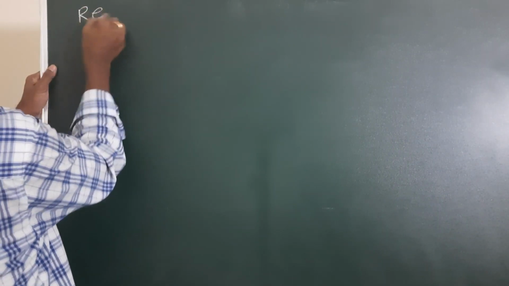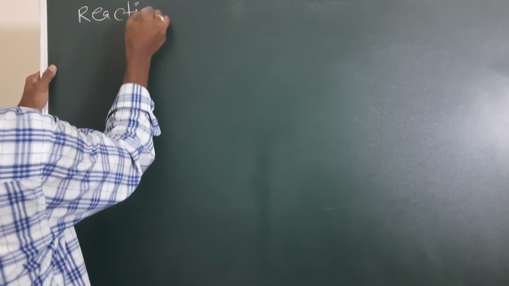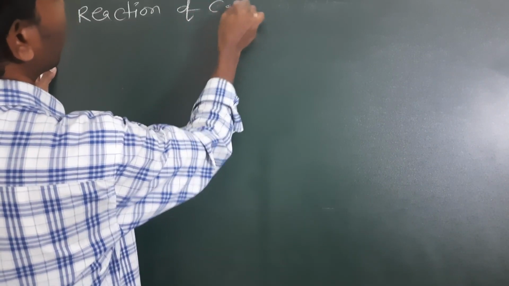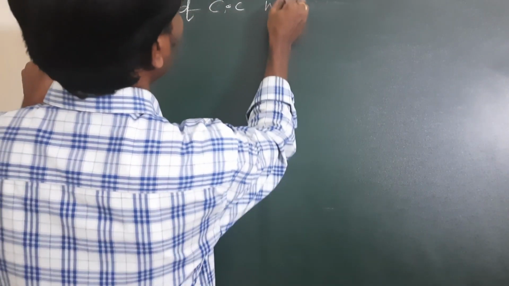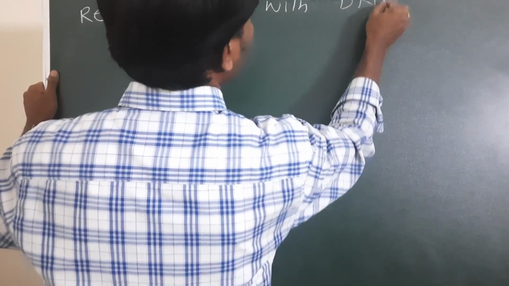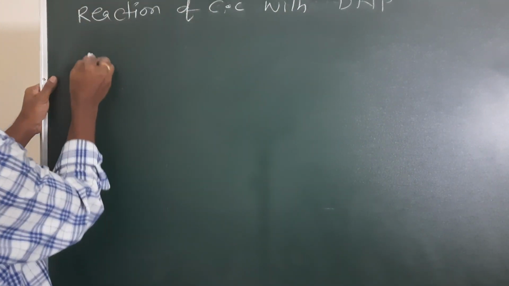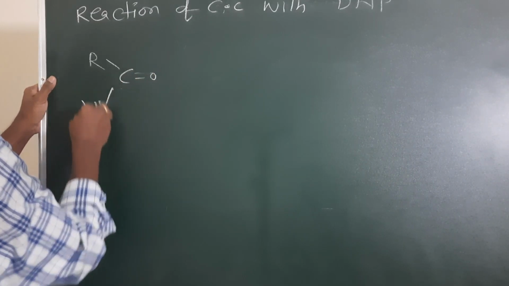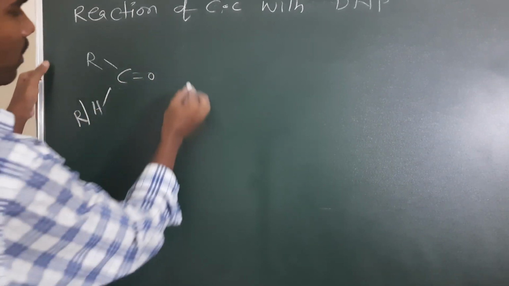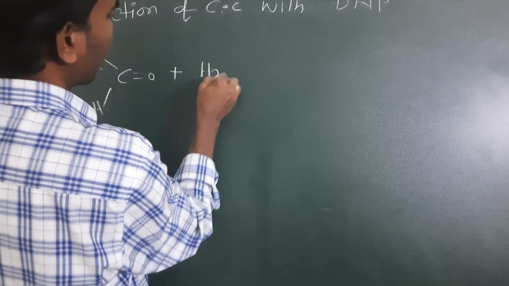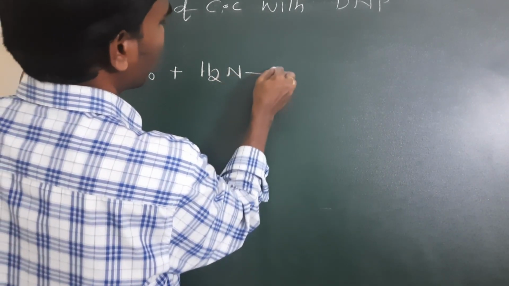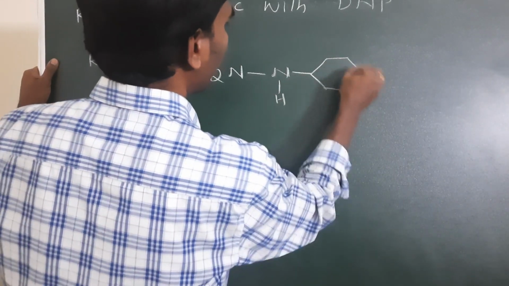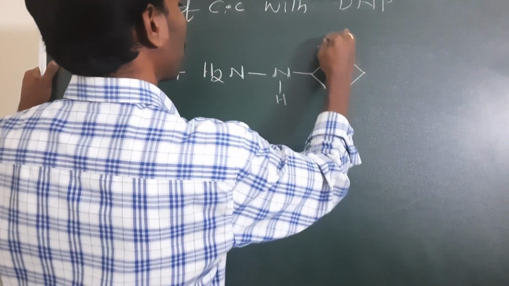Reaction of a carbonyl compound with 2,4-dinitrophenylhydrazine, DNP. RC double bond OH; here instead of H you can take R also for a ketone. So 2,4-dinitrophenylhydrazine, H2N, here N, here H will come, and here NO2 and NO2 will come.